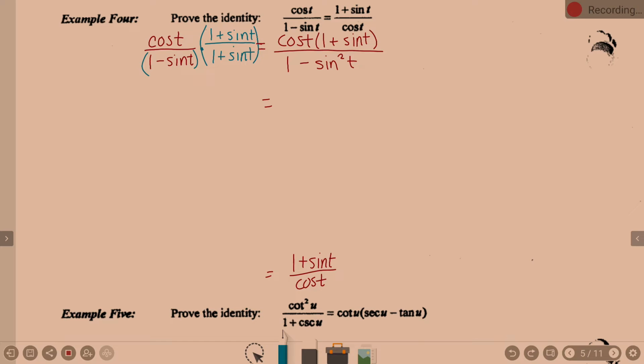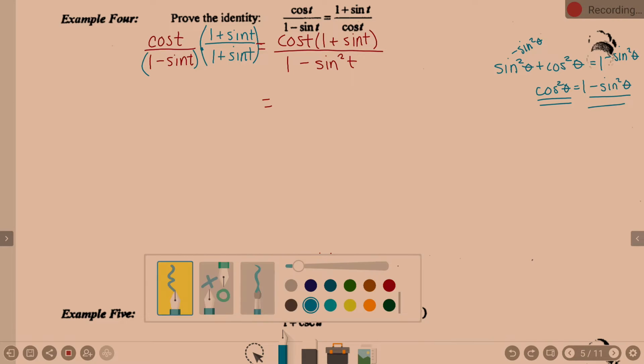Now that we have a squared, let's think about our Pythagorean identity with the idea that sine squared theta plus cosine squared theta is 1. And so what do we need? We need a 1 minus sine squared theta. So cosine squared theta can replace 1 minus sine squared theta.